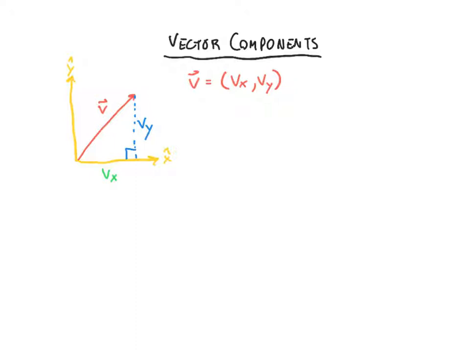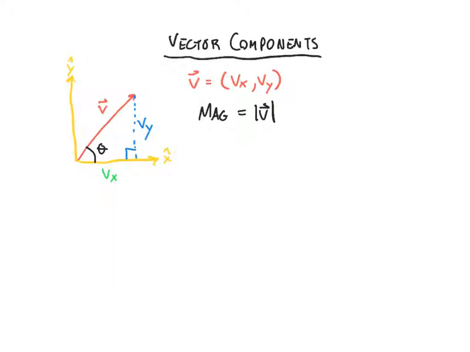So how do we relate this to our previous definition, which said that a vector is a magnitude and a direction? Well, the way we do it's like this. We can say that we make some angle theta with the x-axis, okay? And so the magnitude is going to be the absolute value of v, which is just the length of it.